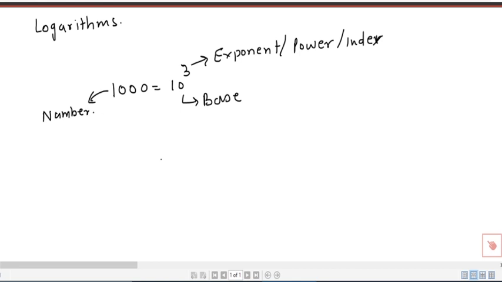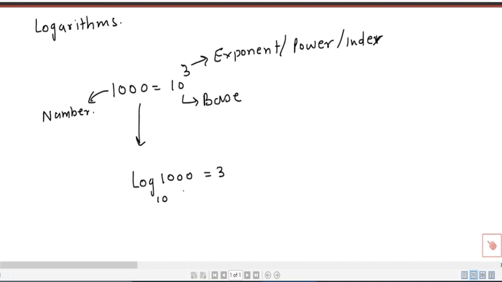Now, let us understand how this equation translates into the log equation. We write this equation in the log world like this: log of 1000 at base 10 is equal to 3.